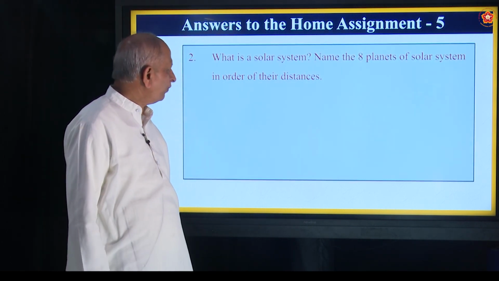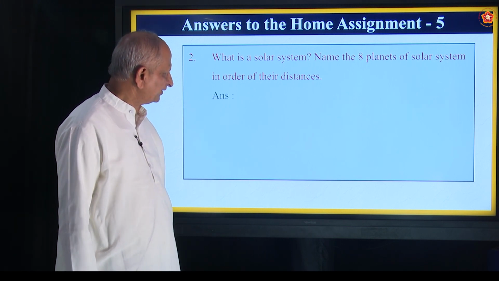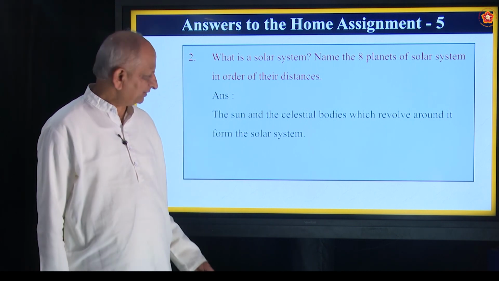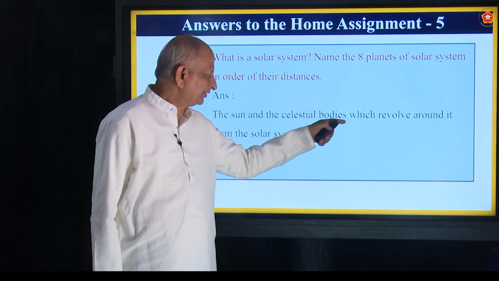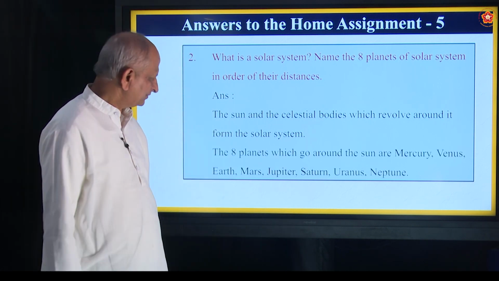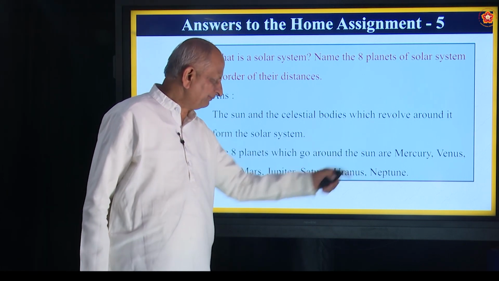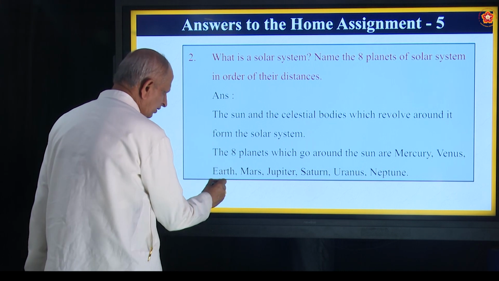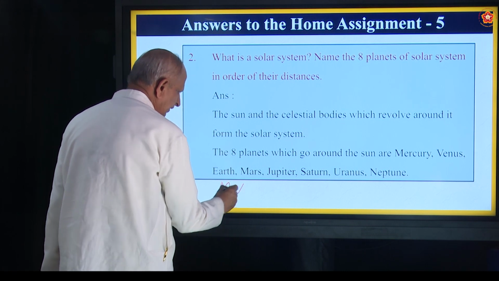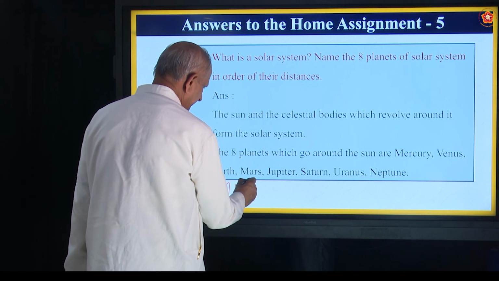Second question, what is a solar system? Name the 8 planets of solar system in order of the distances. Very simple question. All of you have written, I think. The sun and the celestial bodies which revolve around it form the solar system. What are they? We have got 8 planets, namely Mercury, Venus. Yesterday I told in the previous class how to remember. M for Mercury, V for Venus.